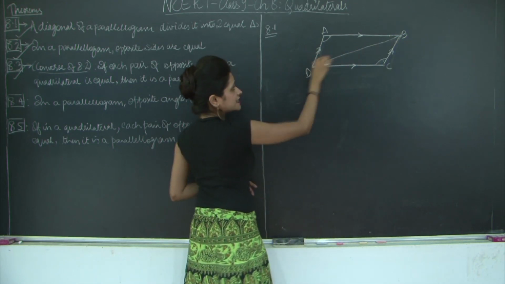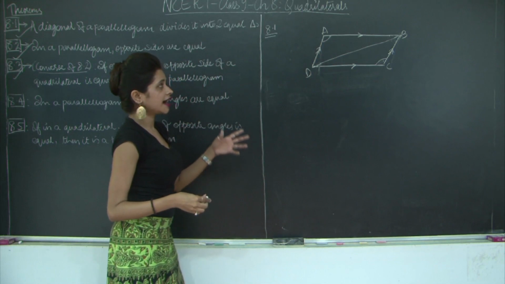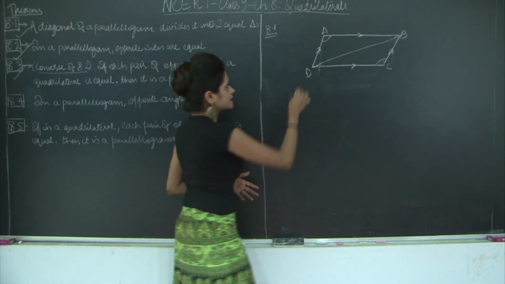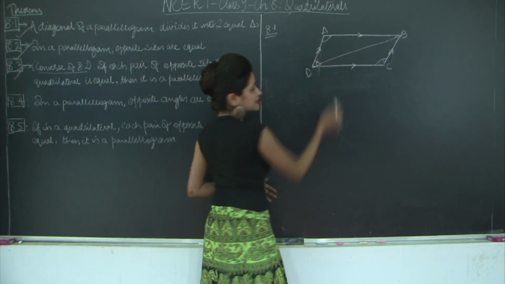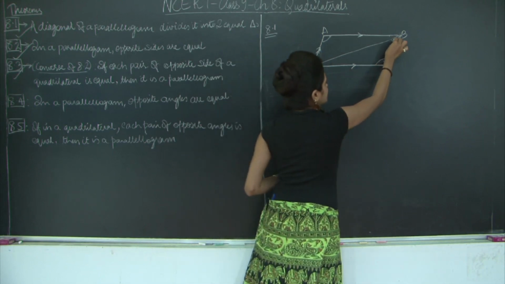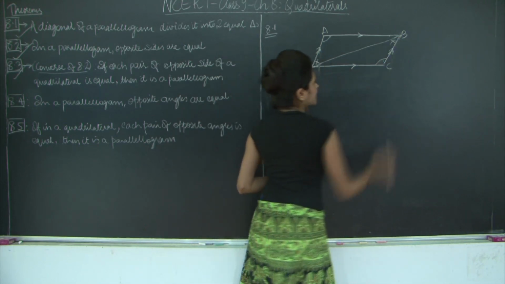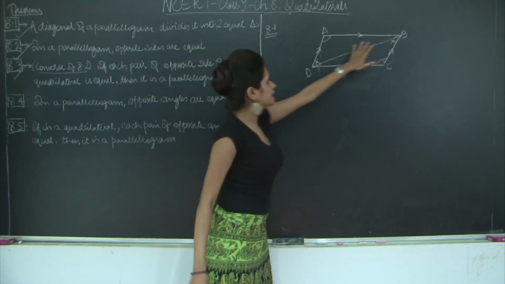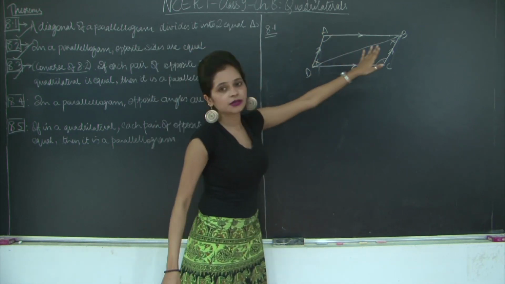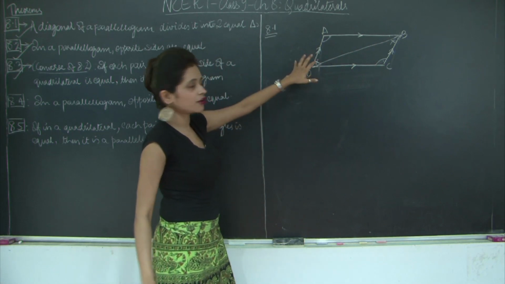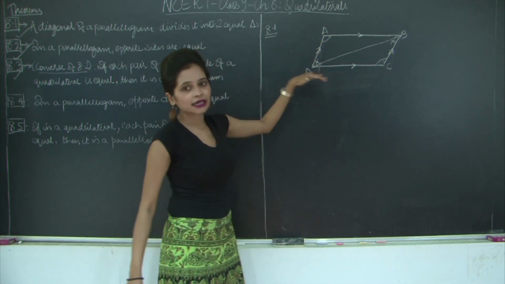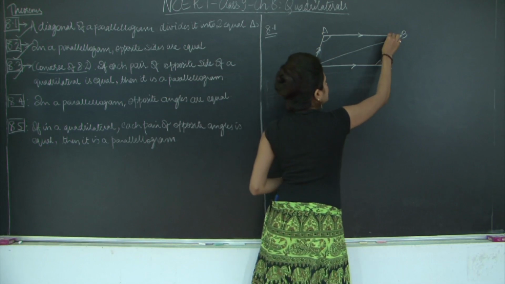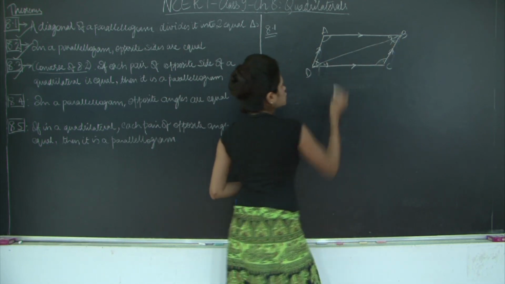We already have that since it's a parallelogram, these two angles are congruent by alternate angle theorem. So let me mark this as X and this as X because they are equal to each other. Similarly, I have angle ABD equal to angle CDB because they are again forming an alternate pair of angles for parallel lines AB and CD. So let me mark this as Y and this angle also as Y.